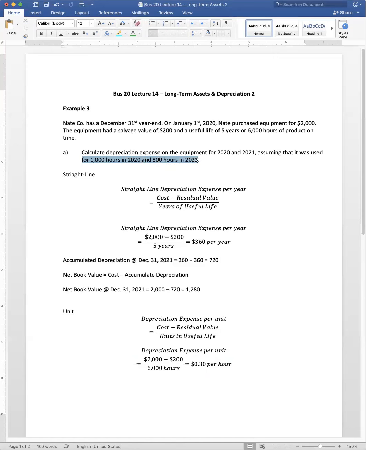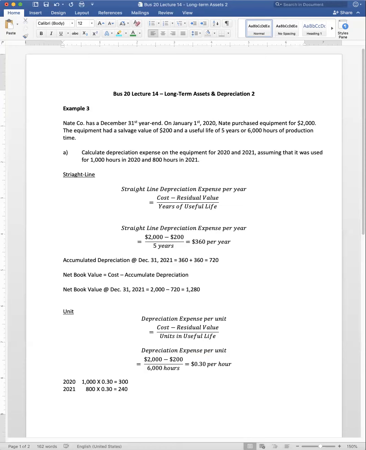And we know that it was 800 hours in 2021. So in 2020, 1,000 hours at 30 cents is $300. And in 2021, 800 hours at 30 cents is $240. Okay, so that's the depreciation expense for each individual year.